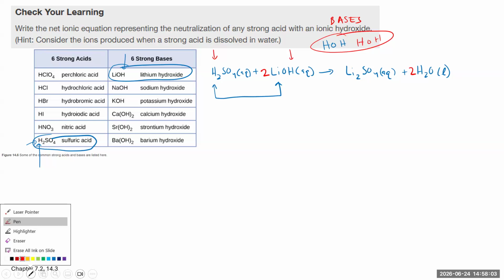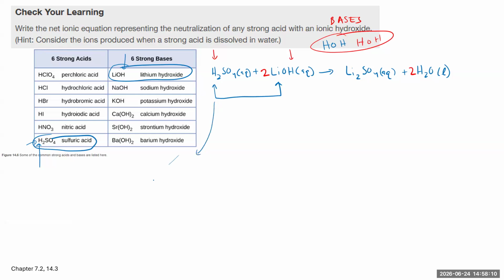Separate everything that's aqueous. That's what we're doing next. So I'm going to come down here a little bit. So we have 2 H 1 plus aqueous plus SO4 2 minus aqueous plus 2 lithium 1 plus aqueous plus 2 OH 1 minus aqueous.